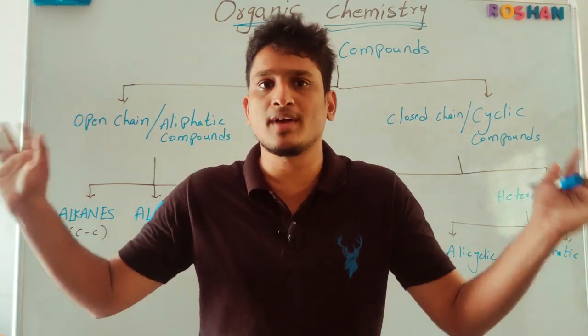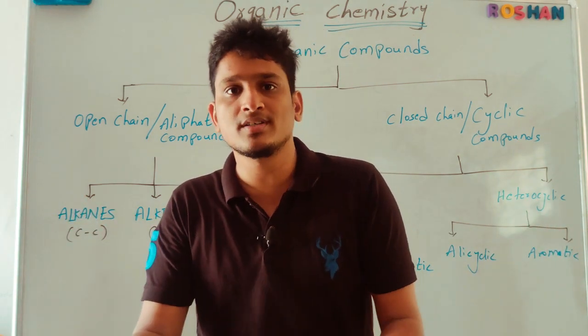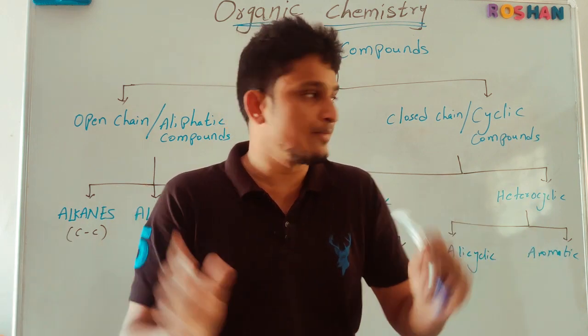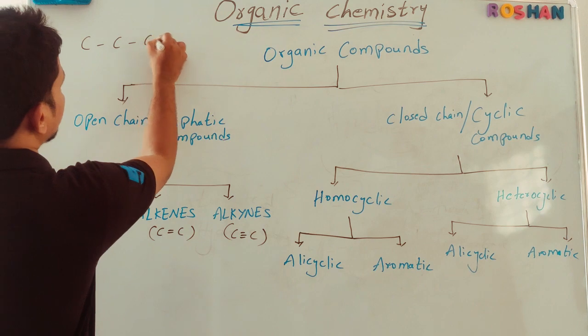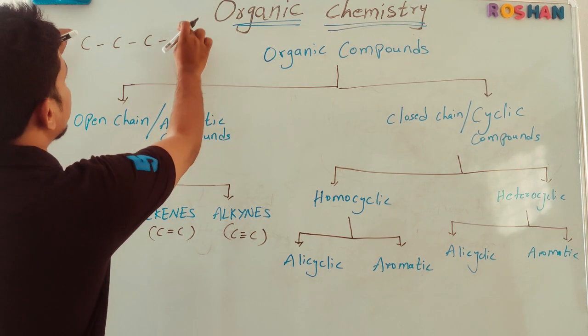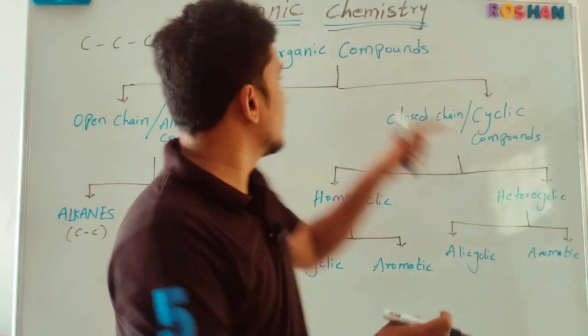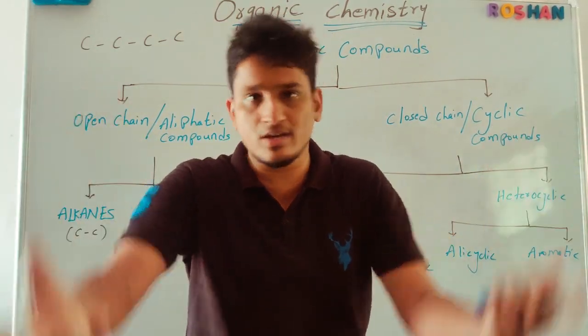Carbon bonds with n number of carbons. It can be a one carbon compound, a 2 carbon compound, 100, an infinite number of carbon linkages. Yes or no? So open chain compound means carbon bonds to carbon to any extent, but the terminal carbons do not combine. Terminal carbons do not form any bonds. A simple open chain structure is called an open chain organic compound.